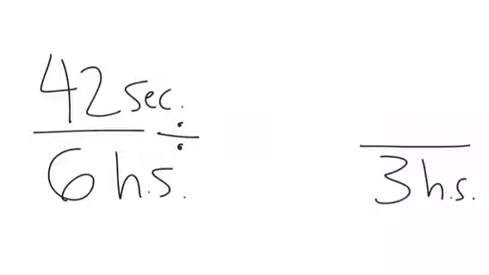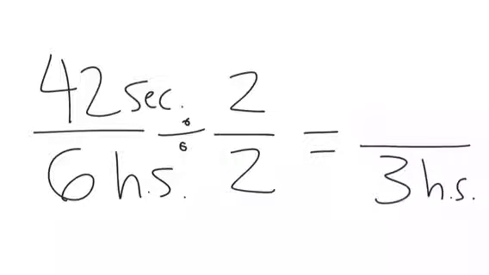So we divide. Our question is 6 divided by what equals 3? I think we probably can get that in our head. The answer is 2. So we've got divided by 2 equals 3. And since the denominator is divided by 2, the numerator has to be divided by 2.